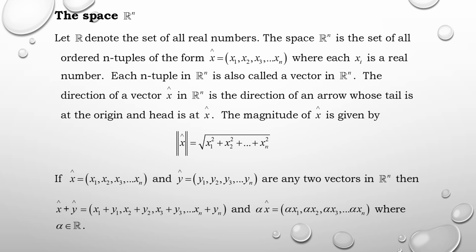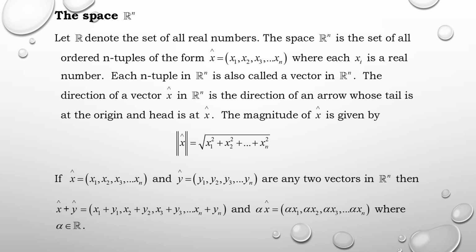Not only that, take a scalar alpha, that means a real number. Take an n-tuple x cap, just multiply them. Alpha x cap is an n-tuple alpha x1, comma, alpha x2, so on, alpha xn. This is called scalar multiplication.